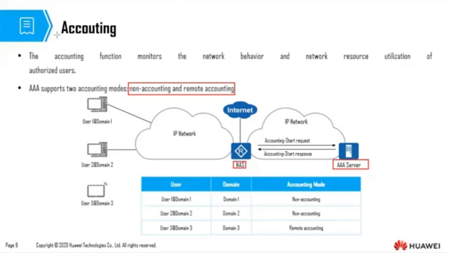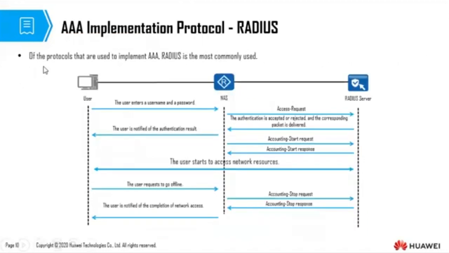Accounting is quite heavy and it will consume a lot of network resources, so the router cannot do accounting. That's why we don't have local accounting. You only have non-accounting and remote accounting. So I hope that is clear. Again, remote accounting is done either using Radius or the Huawei protocol. Okay, so let's look at Radius and how it works.